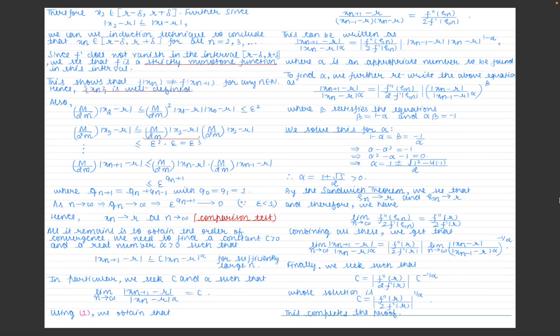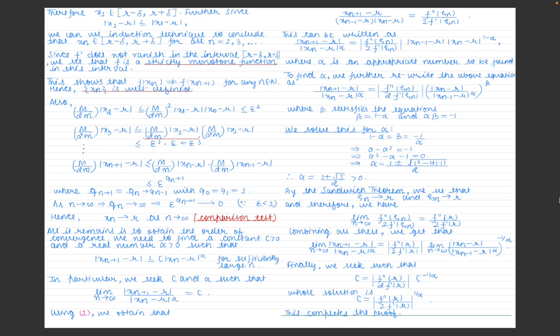So we solve this for alpha. How should we proceed? You see, 1 minus alpha is beta and beta is actually minus 1 upon alpha. So this implies alpha minus alpha squared is minus 1, and hence alpha squared minus alpha minus 1 is 0.